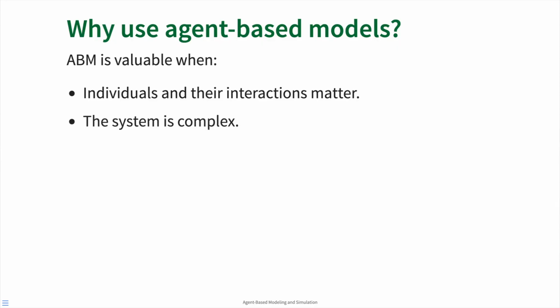And also when a system is complex. If a system is complex enough, we might just not be able to create an equation-based model that simplifies the whole system down into an equation. Instead, we need to use a model where we track individuals and see what behavior emerges.